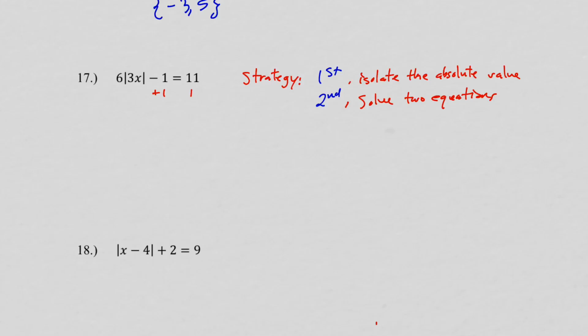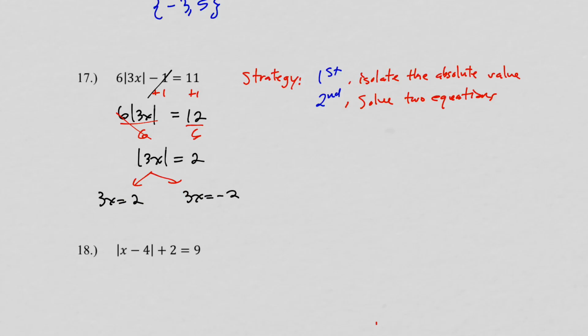First, we're going to move the 1 over. So we get 12, and we divide both sides by 6, and finally get 2. So we're going to solve two equations from this. 3x equals 2 and 3x equals negative 2.